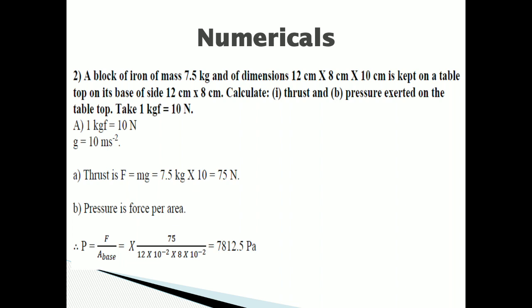If you read the question, what dimension is towards the base? 12 centimeter into 8 centimeter. But it has been given in centimeter, so you have to convert centimeter to meter. So I have written directly centimeter to meter, that is 10 raised to minus 2. It is for 12, and then again 8 centimeter is there. So again I have written 8 into 10 raised to minus 2. If you solve it, you will be getting the answer as 7812.5 Pascal.